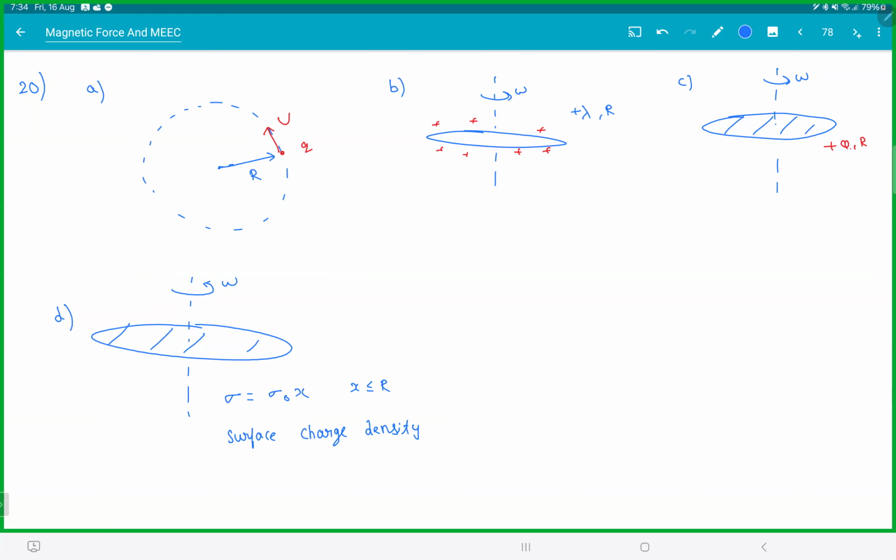So if a charged disk is rotating, it behaves like multiple current loops. And a uniformly charged hollow sphere. Find the magnetic moment for all these things. That's when a charge rotating is as good as a current loop.